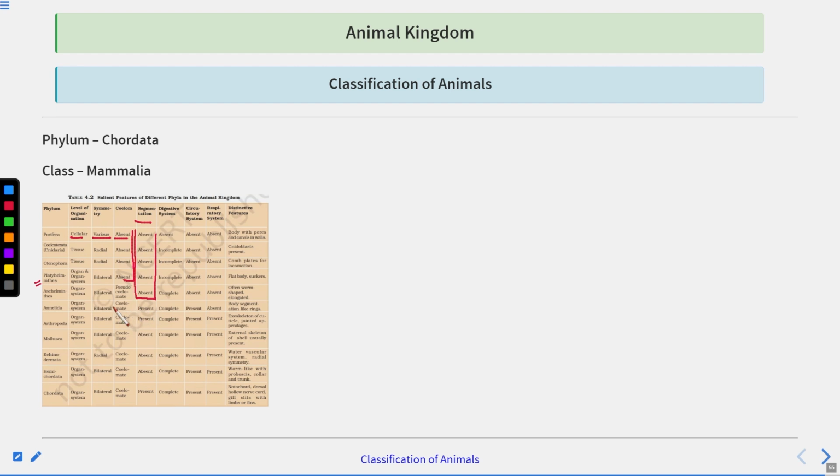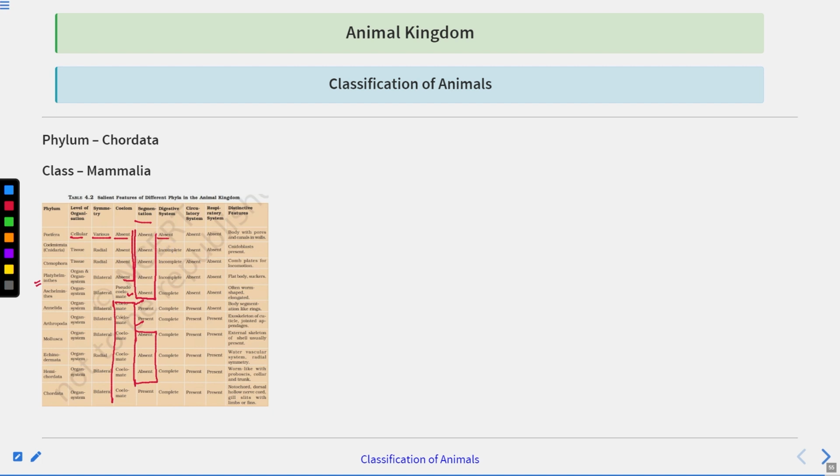Present where? In the case of Annelida, in the case of Arthropoda, right? Again, we have Mollusca, echinoderms, and hemichordates. These do not have any segmentation. Coelom is absent till here. Then comes the Aschelminthes, pseudocoelom, and after then they all have a true coelom till here.